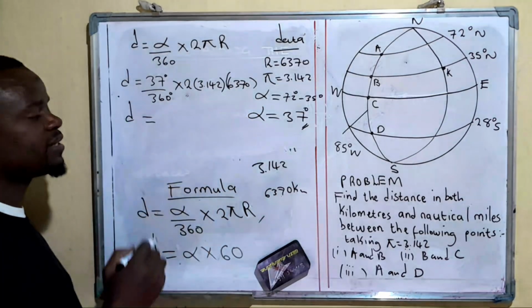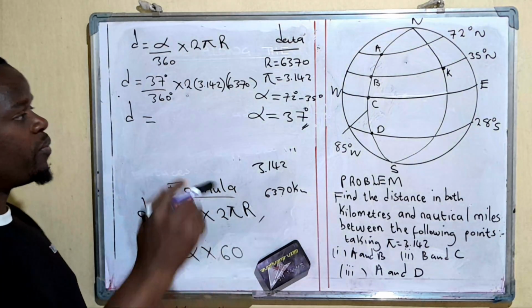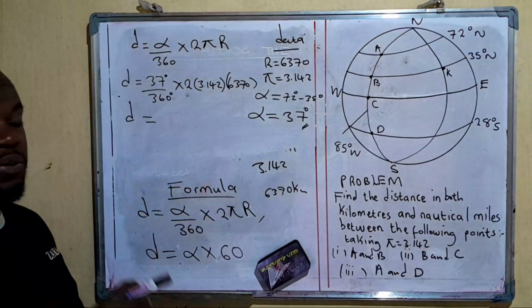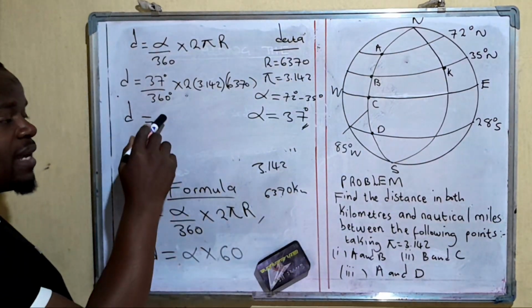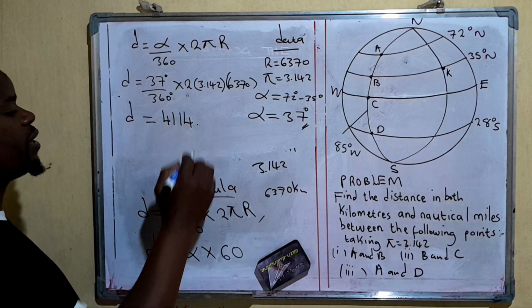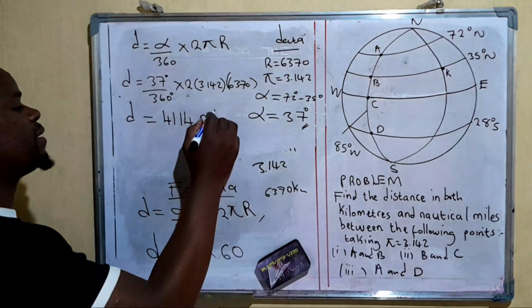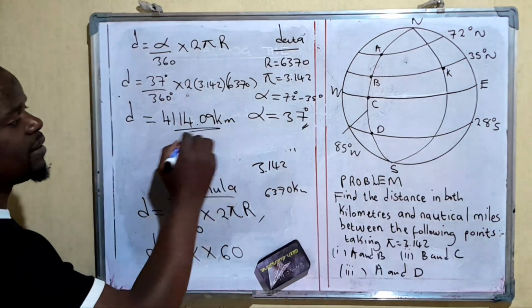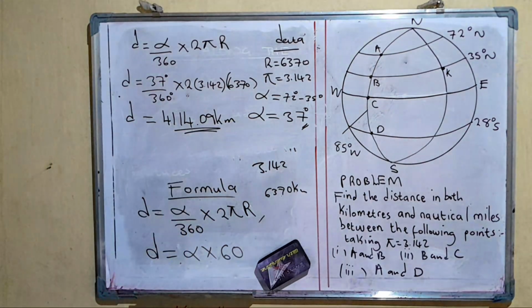Therefore, when you multiply these out on a calculator, you simply punch them in. The answer will be 14.09 kilometers. And just like that, we are done.